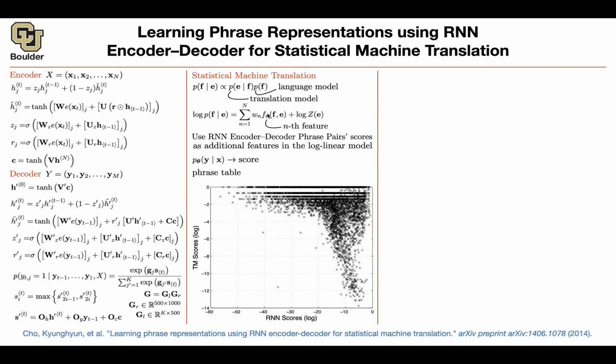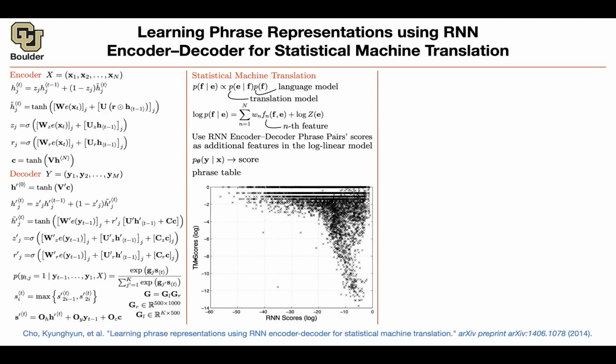So one might say, are you actually adding features that are independent from what is already in your statistical machine translation, what you already had engineered? And the answer is yes, we are actually learning something new. These are independent features. And how are you going to test it? You're going to look at the scores that are coming out of your RNN. So these are your scores.